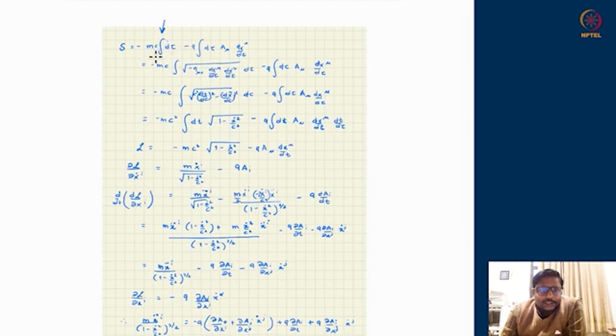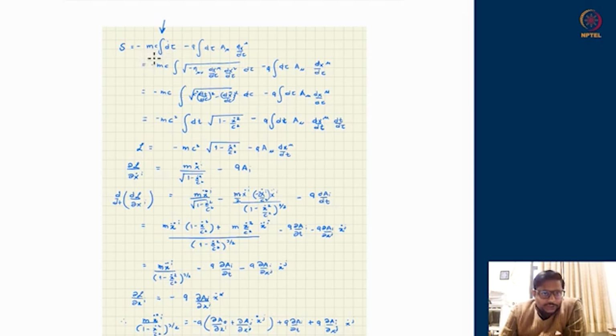So the only thing which changes along the path is the path length. If I am talking about a free particle, not interacting with any electromagnetic field, the second term will not be there, and the first term has to be extremized in order to obtain the equation of motion. So what gets extremized is the path length. Free particles will move on the extremal path, the shortest path, the geodesics.